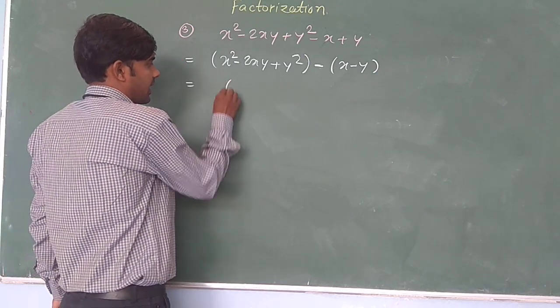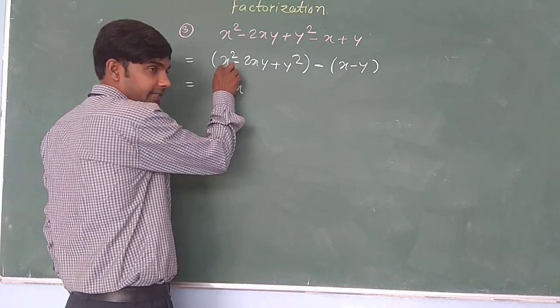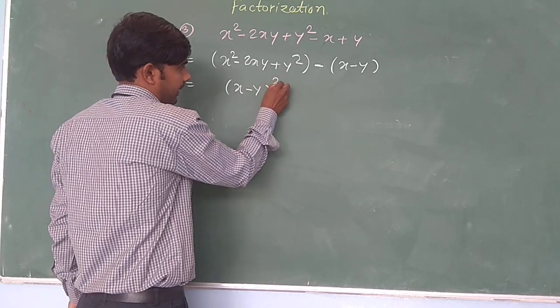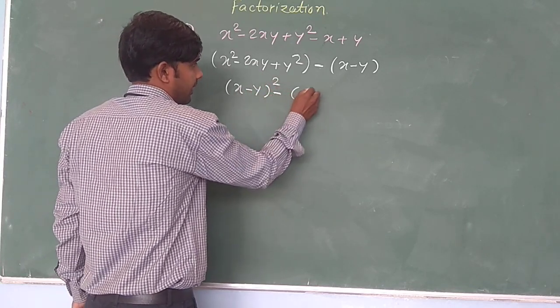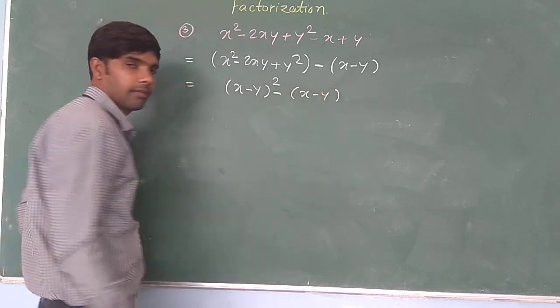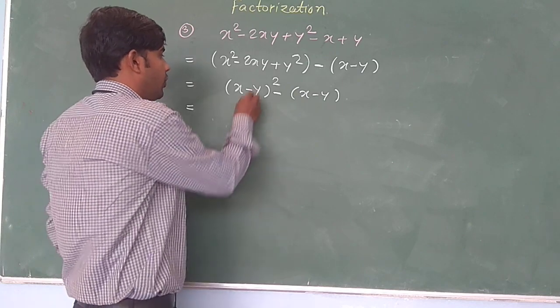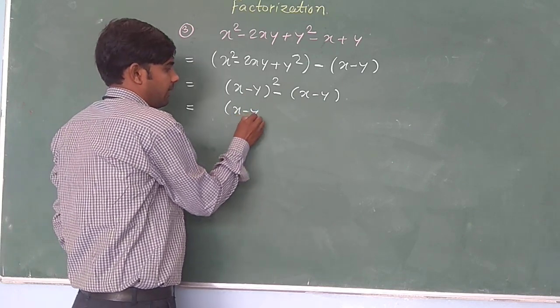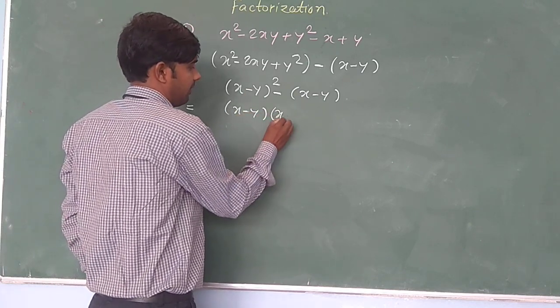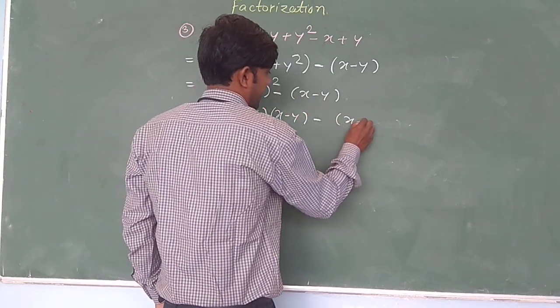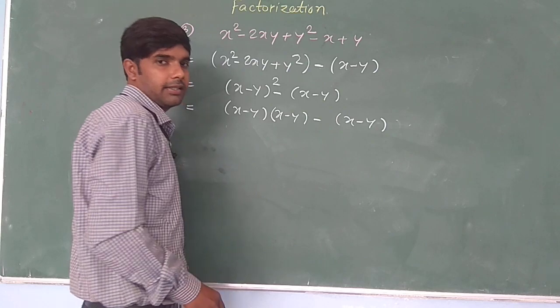So this is by using the second identity, a square minus 2ab plus b square. Here a means x and b means y. So x minus y bracket square minus x minus y. Got it? Again, x minus y bracket square means x minus y multiplied by x minus y, minus this second expression as it is, x minus y.